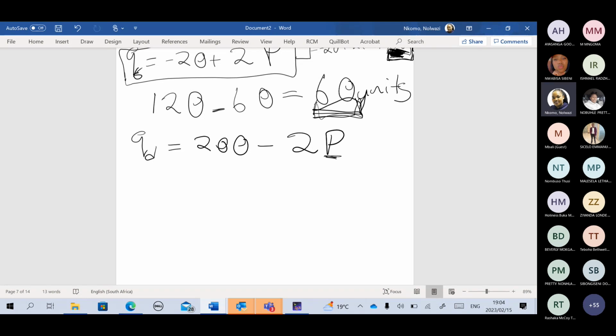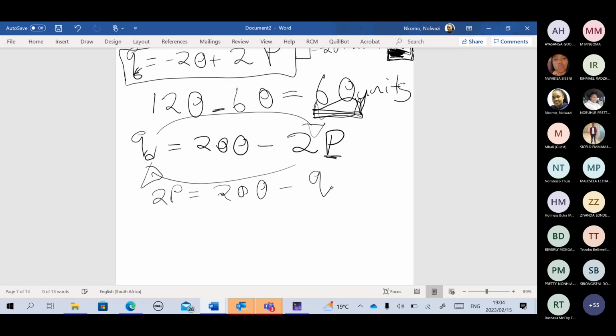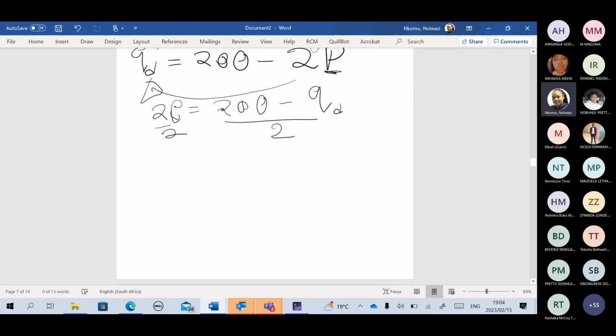If I do that, let me just transpose this part to this side and this part to this side, and that will give me 2P equals 200 minus Q demanded. If I divide by 2 on both sides, I will have P equals 100 minus 0.5Q, right?